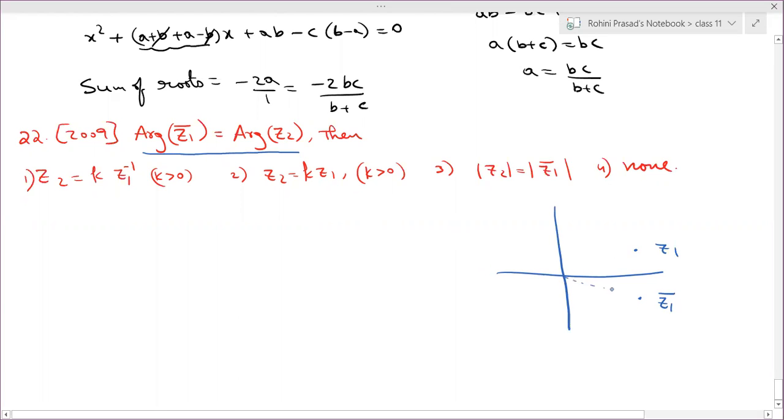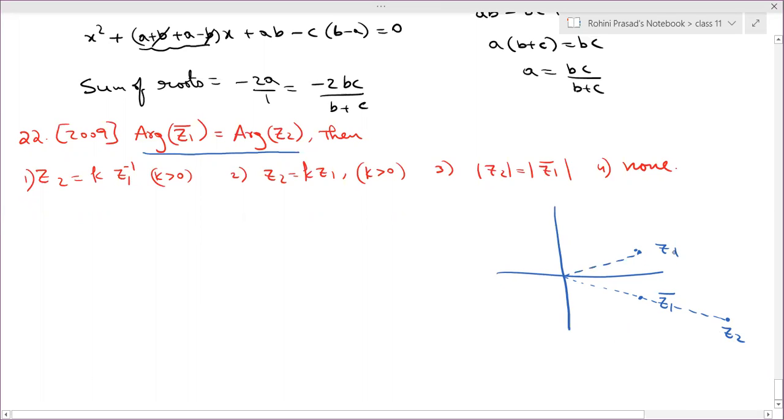So that means z2 should lie on this line somewhere. The argument is the same. They are asking for the relation between z1 and z2.